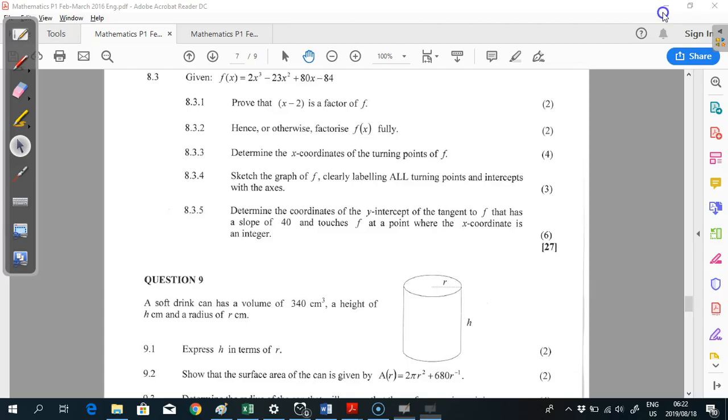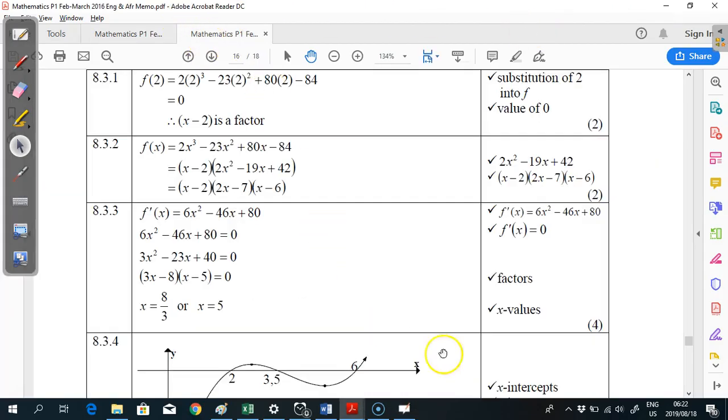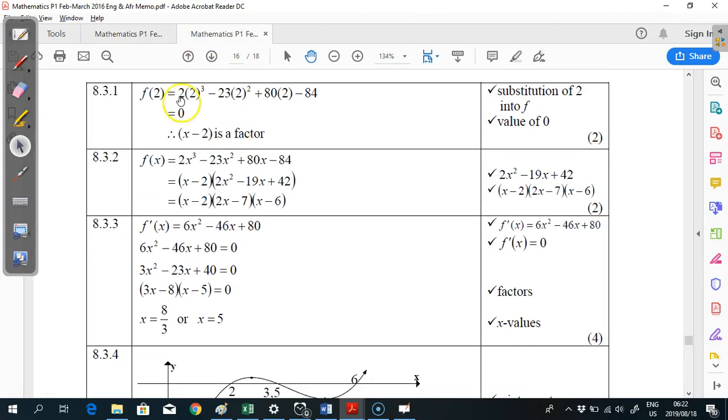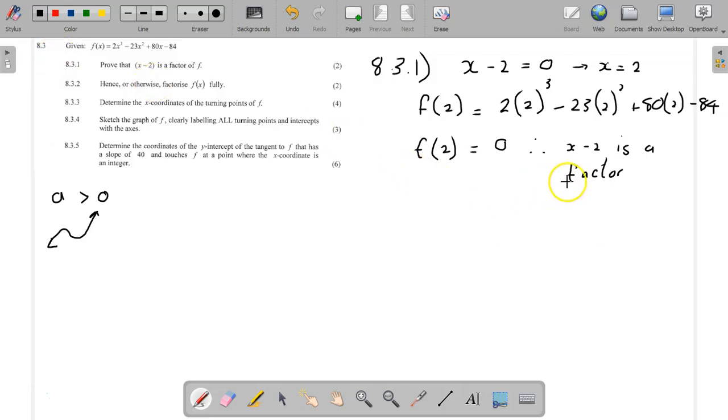And that's pretty much how they did it in the model solution as well. You can see that they plugged in f at 2, they got 0, and then they said therefore x minus 2 is a factor. We've done the same thing, and that's how you would do the first question.